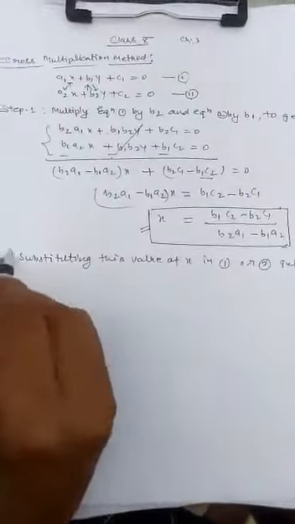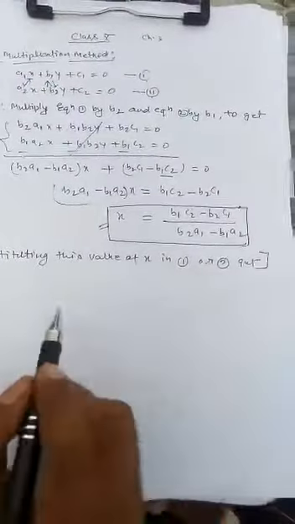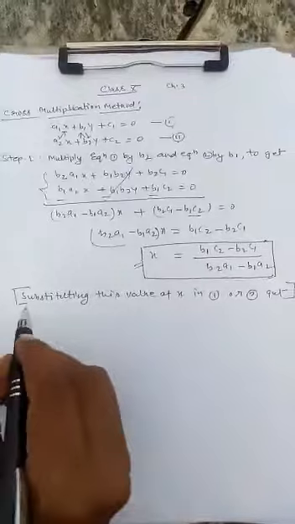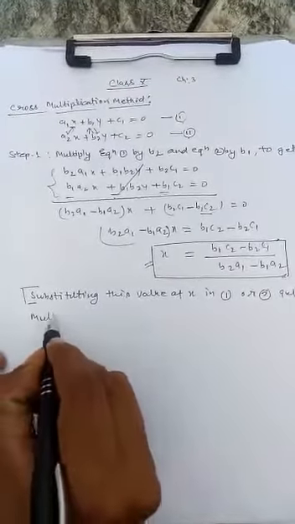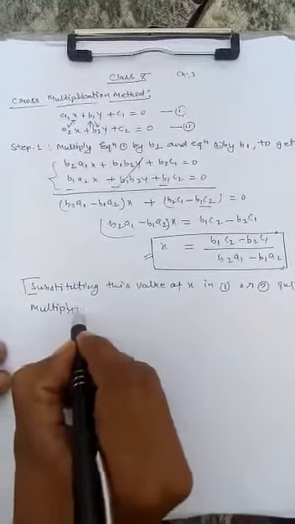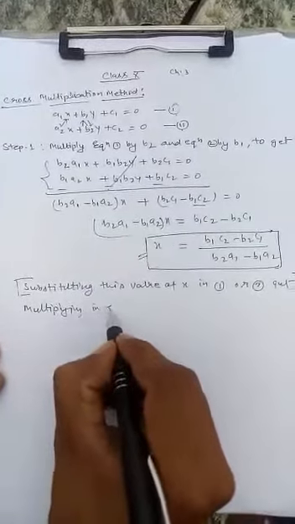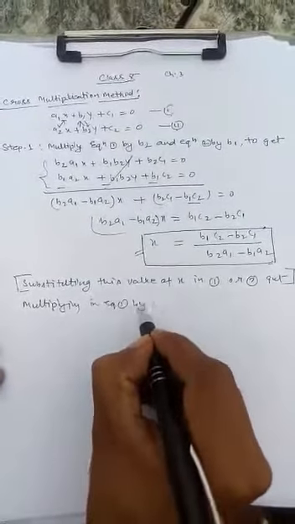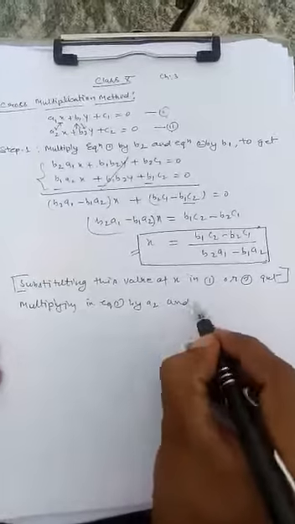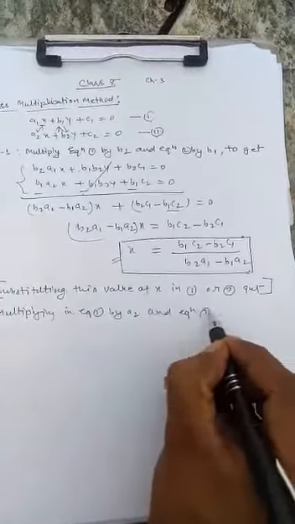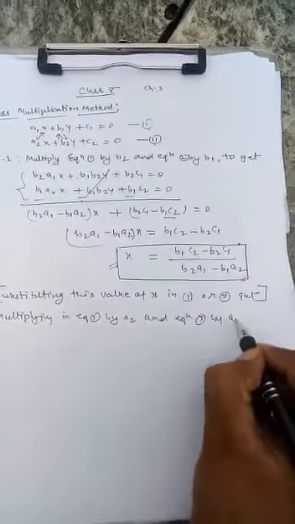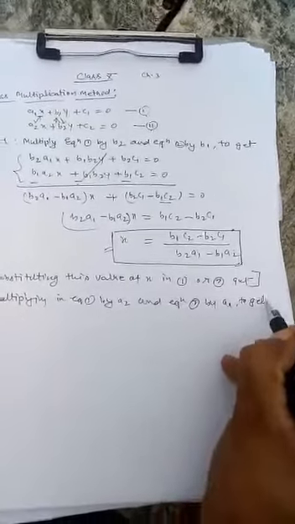So if we are not doing this one, we can directly see multiplying equation 1 by a2 and equation 2 by a1, to see what we can get.